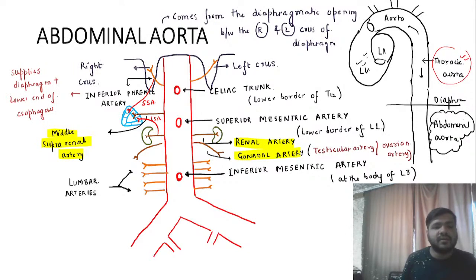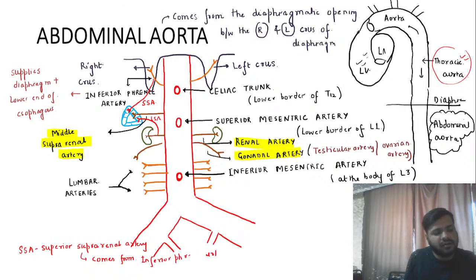So you should remember that SSA stands for the superior suprarenal artery, and it comes from the inferior phrenic artery.